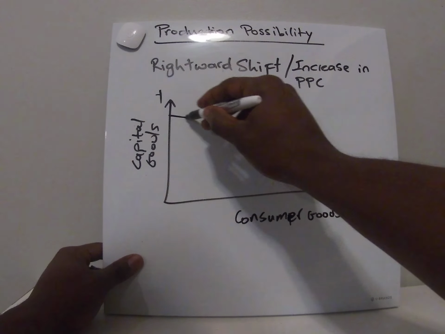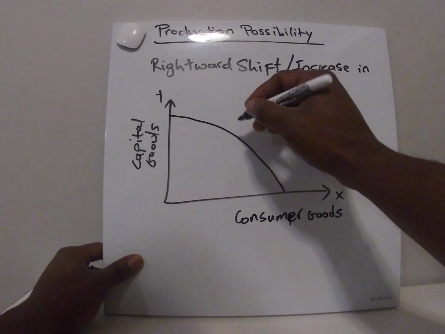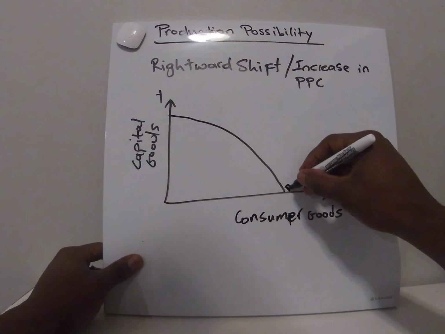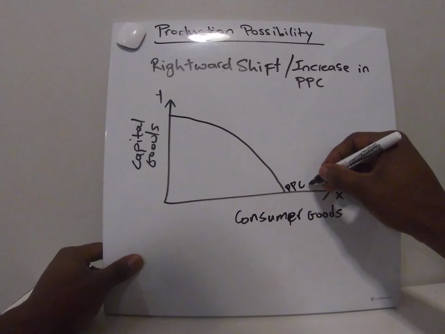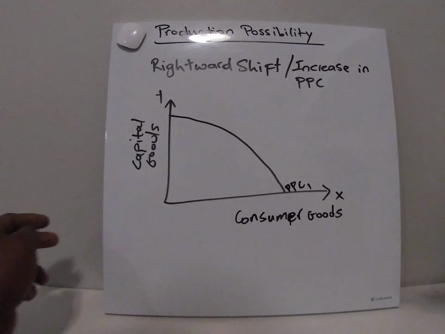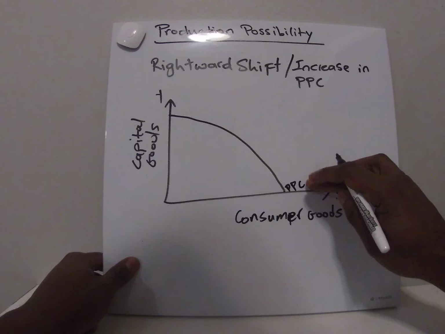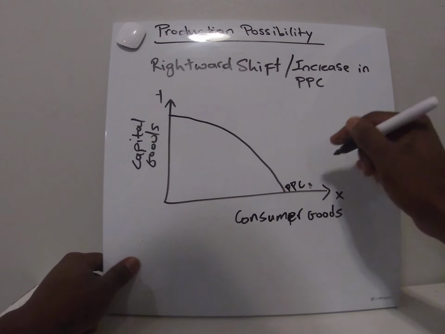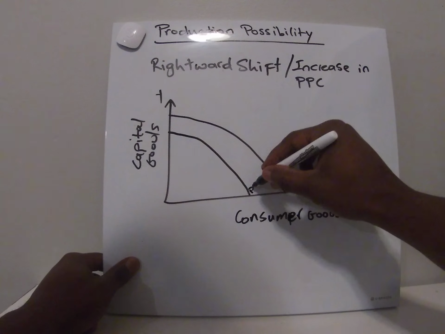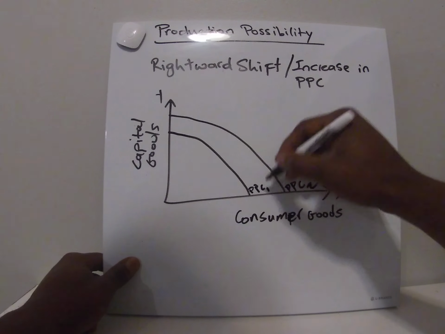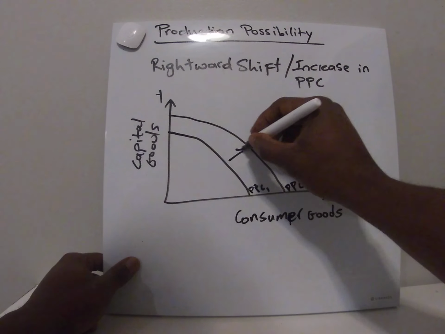I have our production possibility curve there. This is PPC1, and we're trying to make this PPC2. It's a shift to the right.